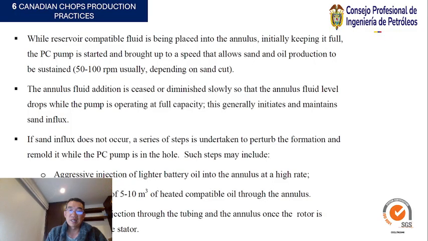Such steps may include aggressive injection of lighter battery oil into the annulus at a high rate, rapid injection of 5 to 10 cubic meters of heated compatible oil through the annulus, and simultaneous injection through the tubing and the annulus once the rotor is backed out of the stator.